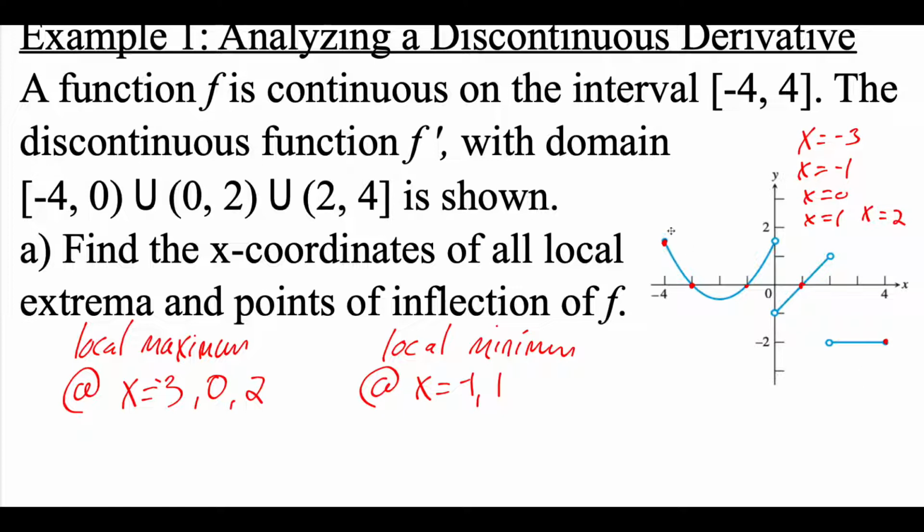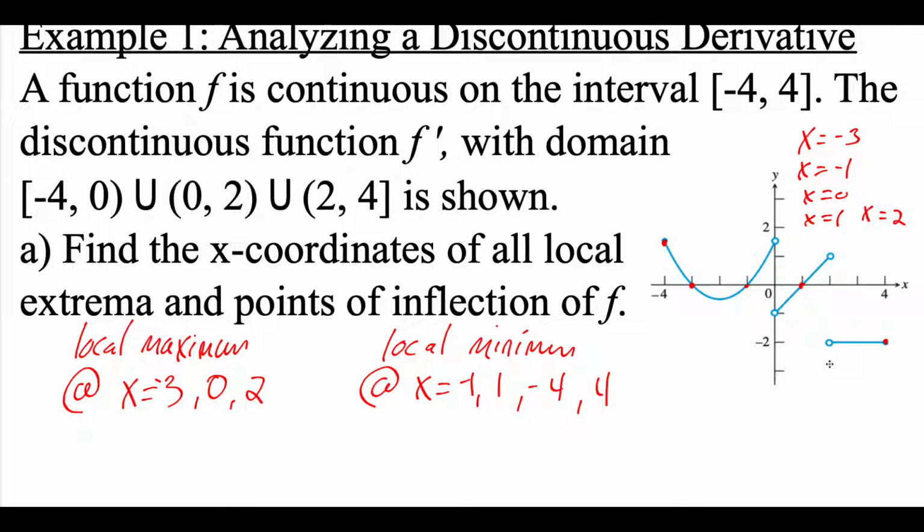Now with -4, because it's a left endpoint and our derivative is positive, that's going to create a local minimum there. And then at our right endpoint, because our derivative is negative there, then that's also going to create a local minimum. So this one actually has 4 local minimums once we consider those endpoints as well.